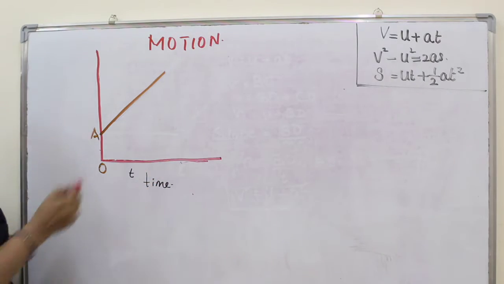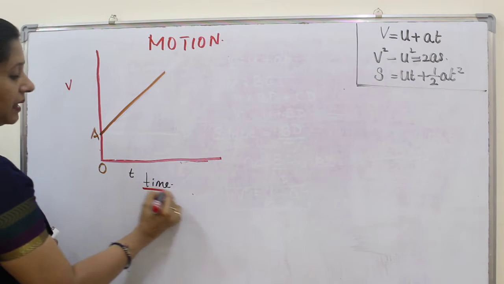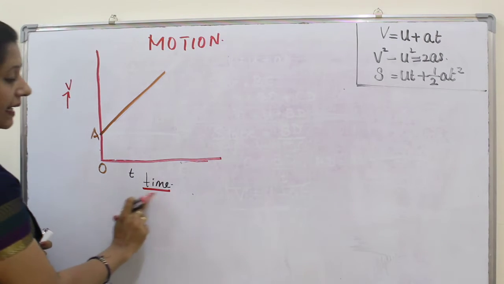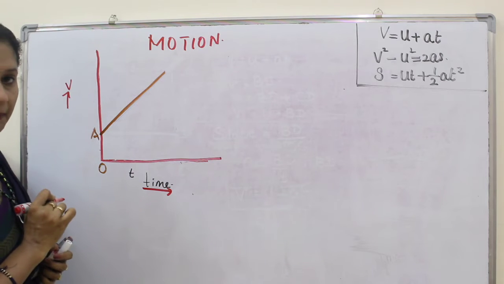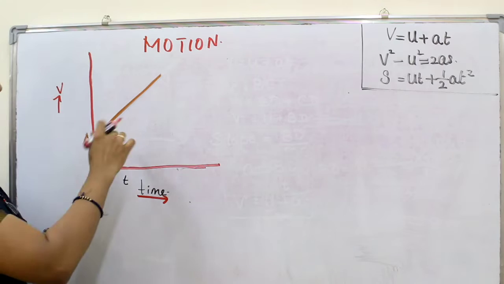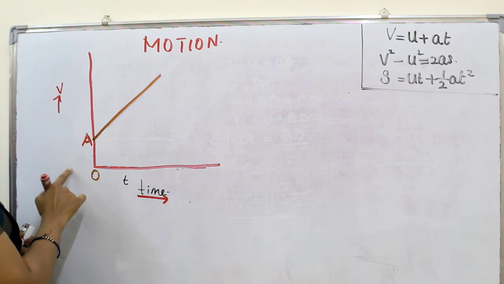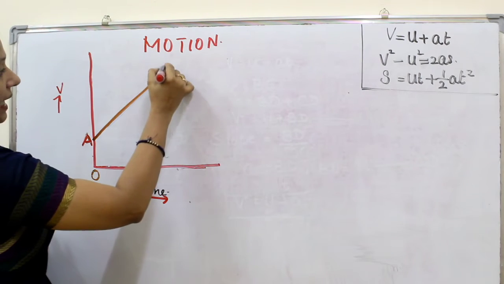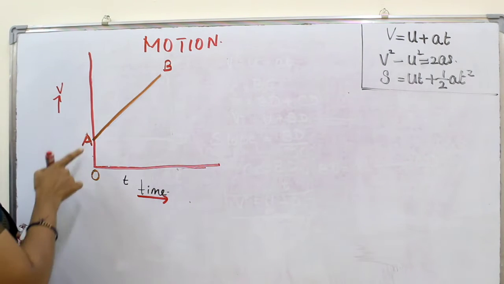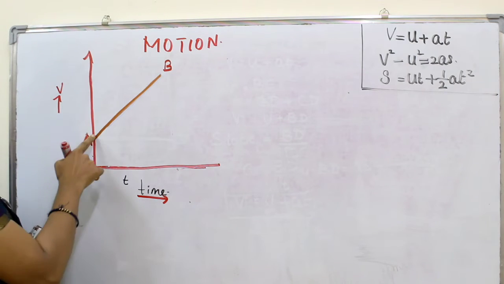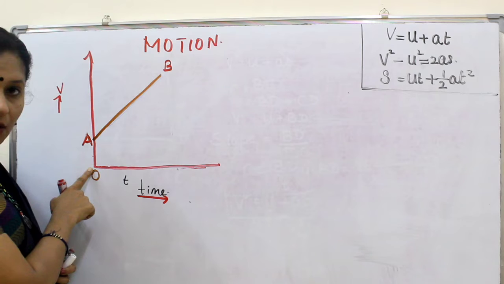What is meant by a v-t graph? Velocity time graph. In that, in the y-axis we are taking the velocity, x-axis we are taking the time taken. In this graph, an object is moving with acceleration, that is uniform acceleration. It's starting from a point A and it is reaching a point B. So initial velocity is seen on the y-axis, but you know the object is not starting from 0 velocity.